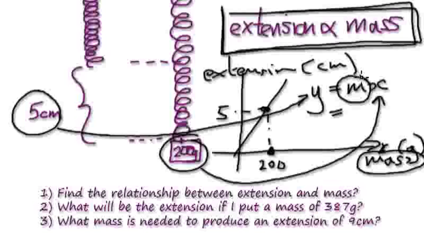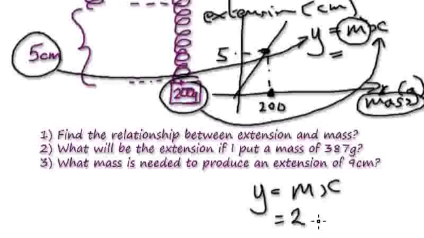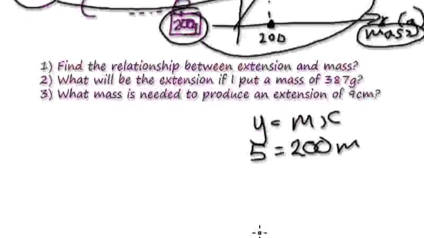So it's going to be y equals mx, and remember we're putting 200 into the x, so it's going to be 200m, where m is the gradient. The extension y will be 5. So it's just a matter of finding m now. Divide both sides by 200.